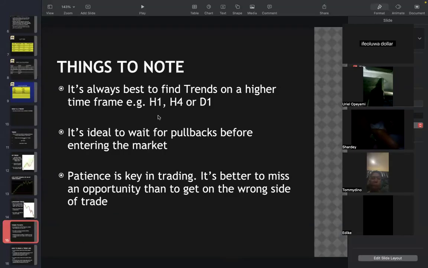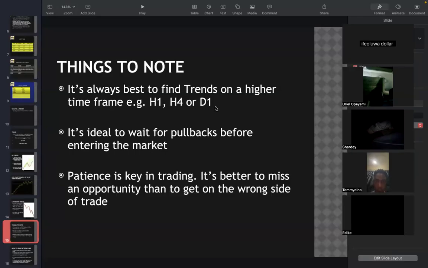So we have 1 hour. It's just time. One candle forms for 1 hour. All the candles you see on that 1 hour time frame actually form for 1 hour. They spend 1 hour each before they form. So we have 4 hours. All the candles you see under 4 hours form for 4 hours each. And we have D1, which is the daily time frame.